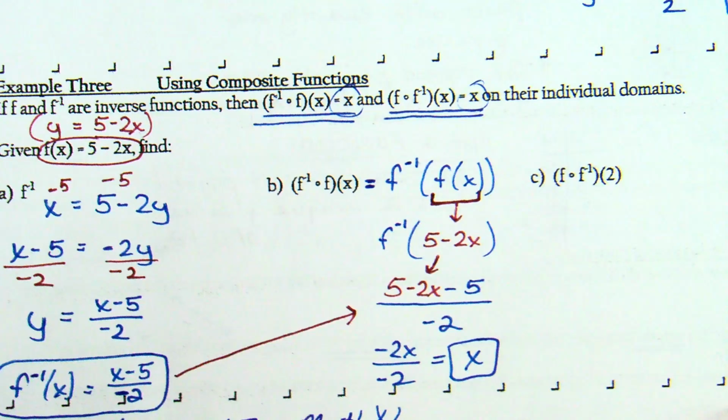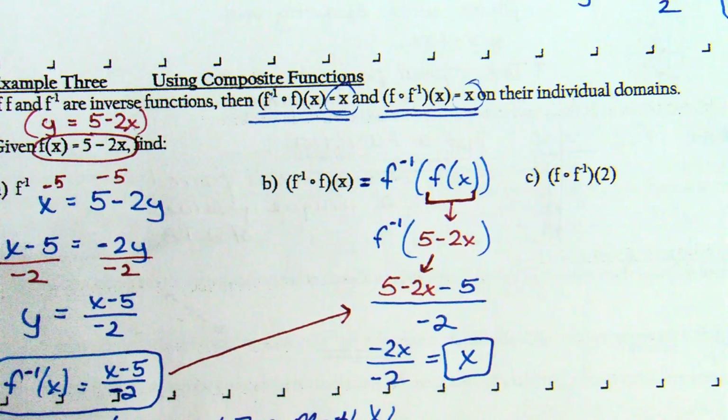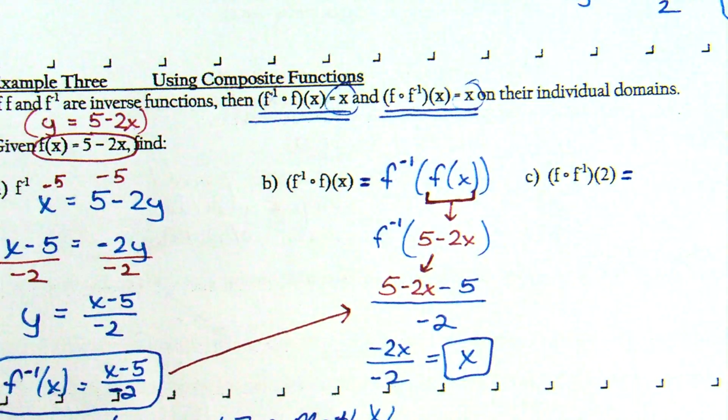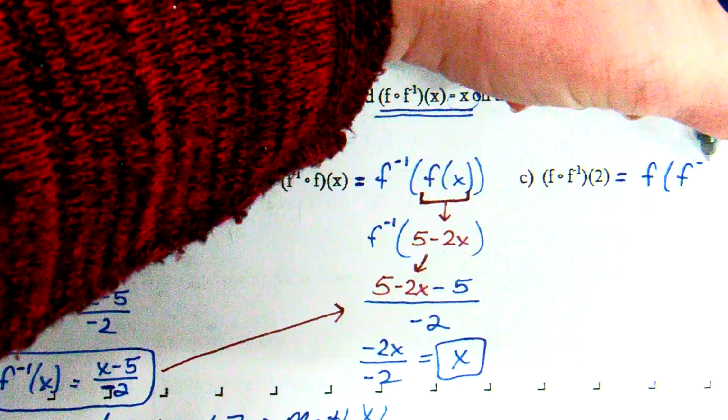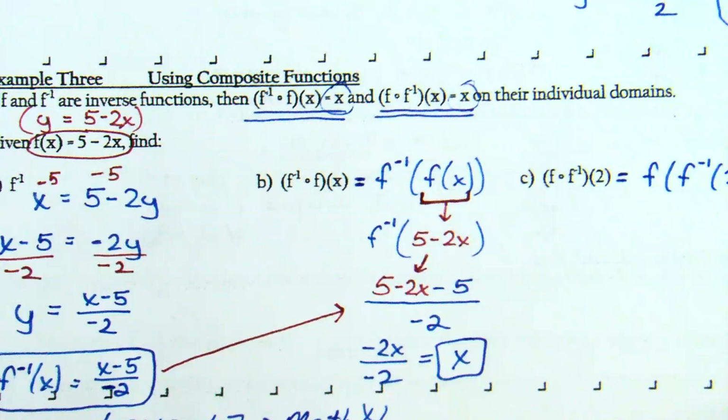So f composed with f inverse of 2 means what? Okay, in which one? Okay, yeah, in the inverse in this case. So we're doing f of f inverse of 2 is how I'm going to write that out.